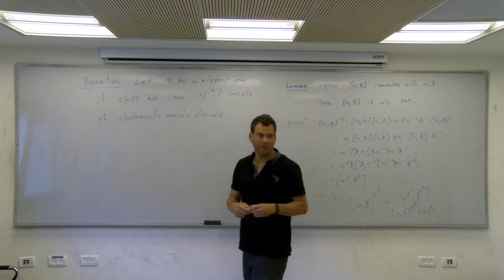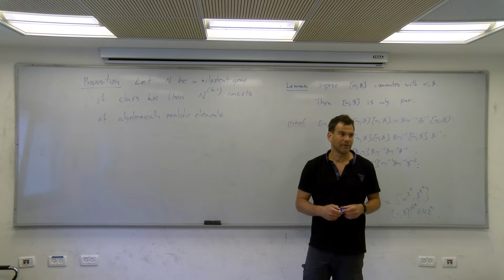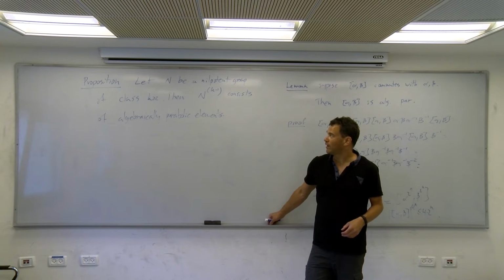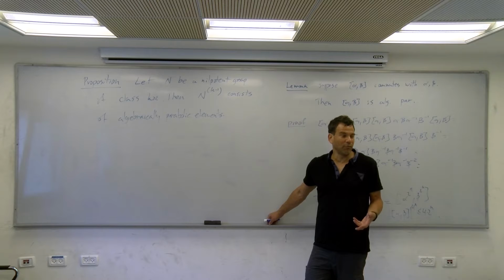Why do you need k to be bigger than 1? Otherwise it's not true; for an abelian group it's not true.